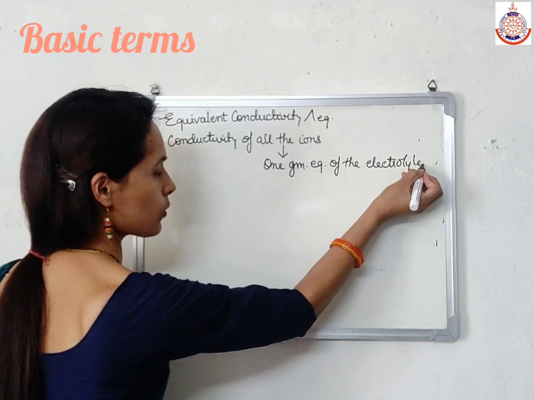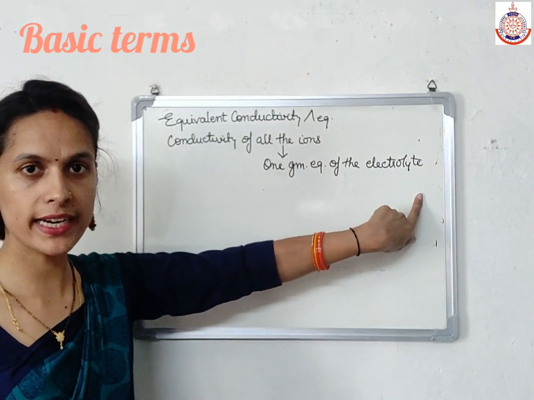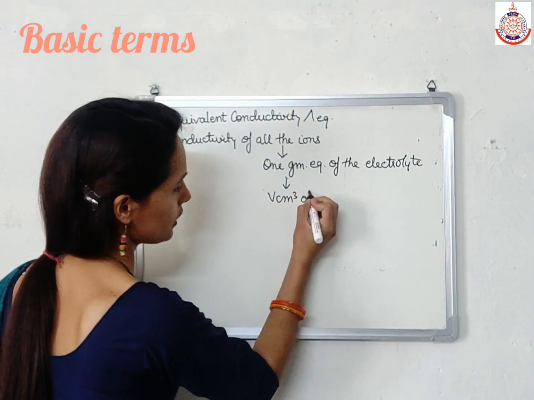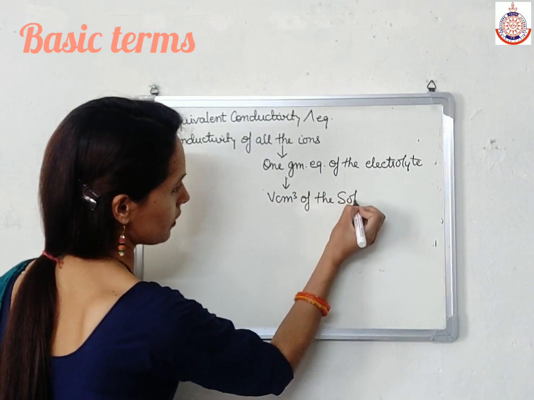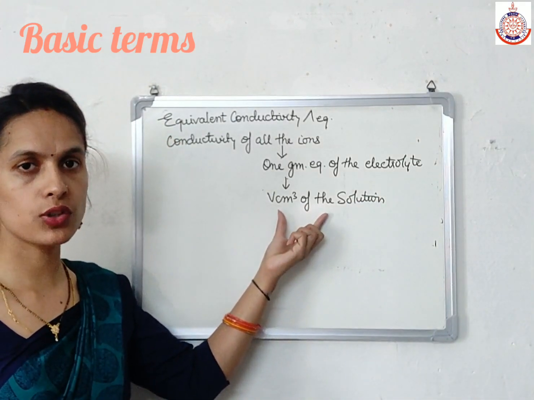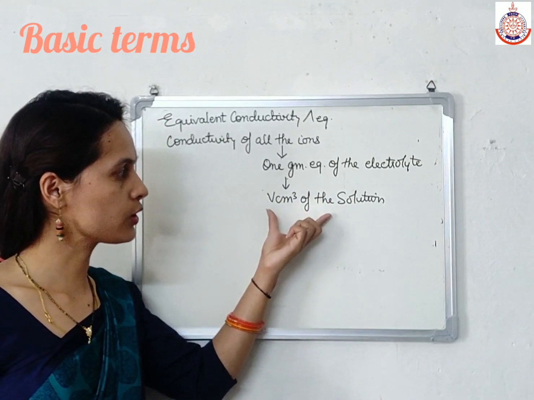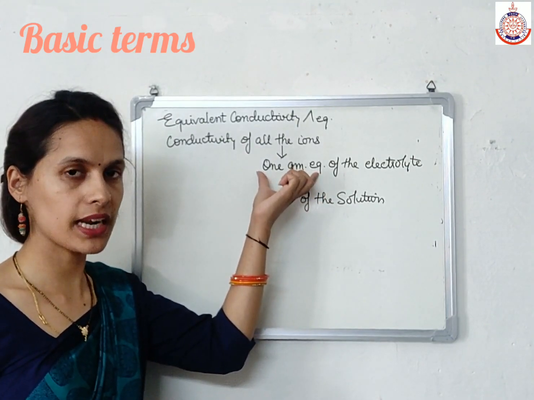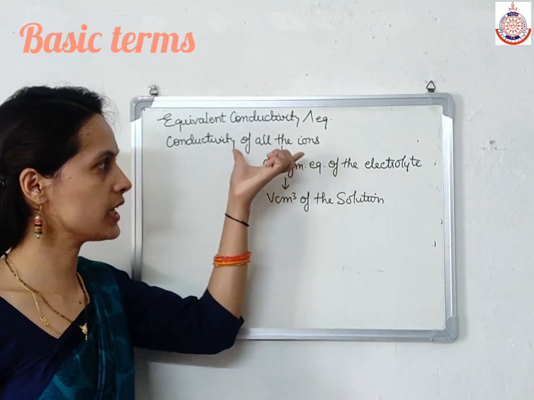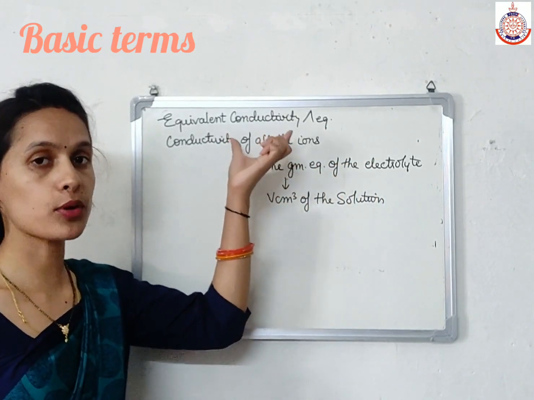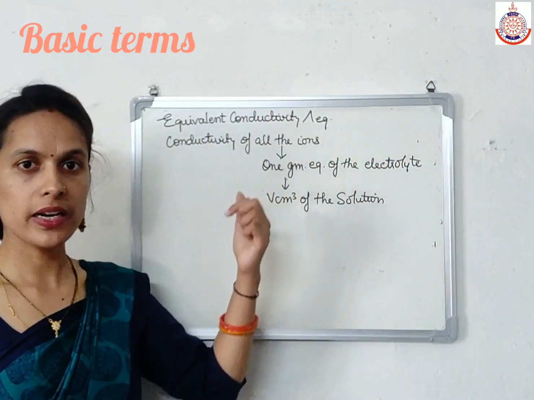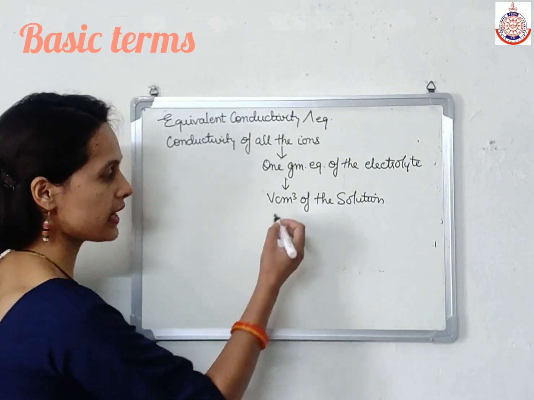We will take 1 gram equivalent of the electrolyte in V centimeter cube of the solution. The conductivity produced by the ions we get from 1 gram equivalent of the electrolyte is known as equivalent conductivity. But there is a condition. What is that condition?